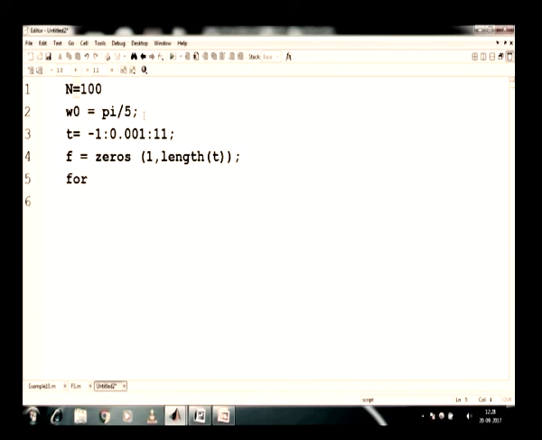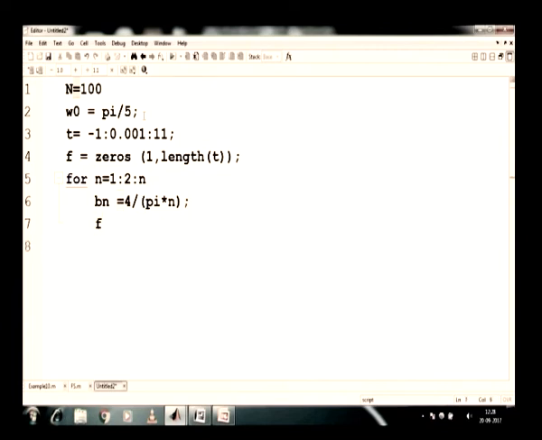Now write the loop for n equal to 1 to N with a variation of 2. Then write the Bn value. The A naught value we obtained, the An value is 0, and Bn is equal to 4 divided by pi into n, right.